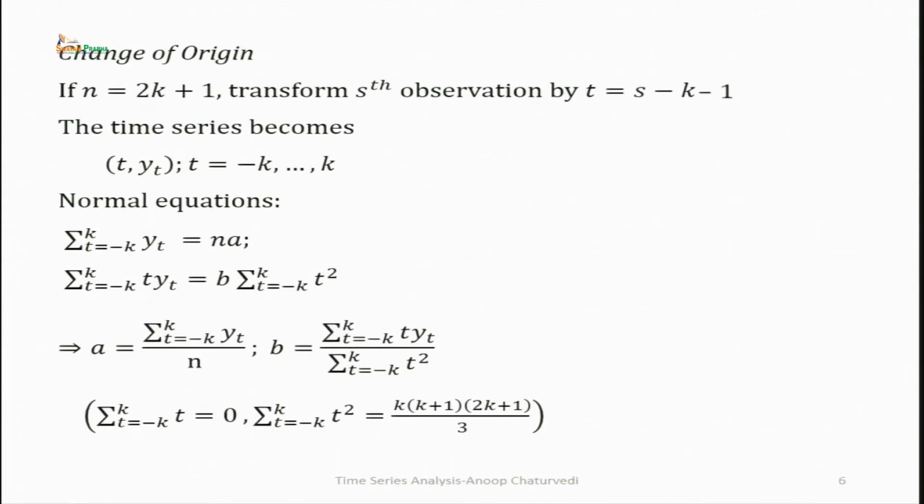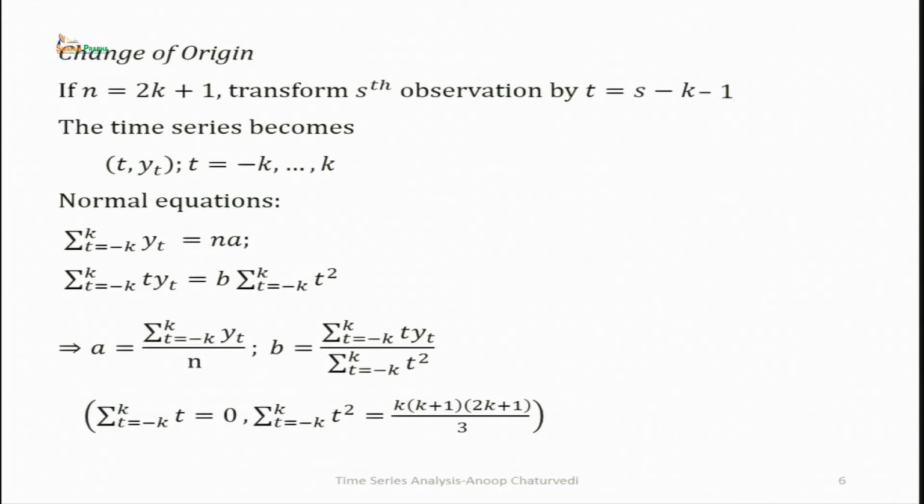Sometimes the computations become easier when you change the origin. For example, suppose you have an odd number of observations. So, suppose n is equal to 2k plus 1. Then your middlemost observation is the k plus 1th observation.